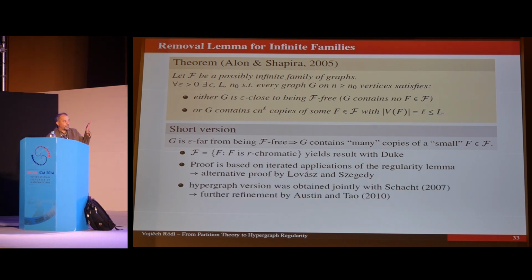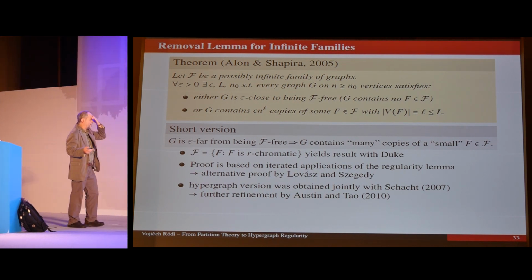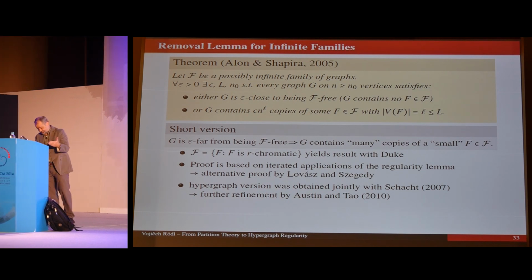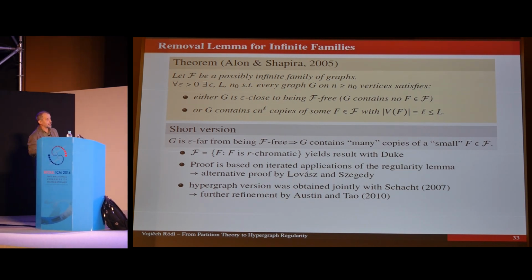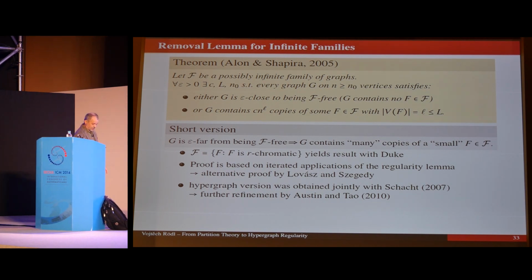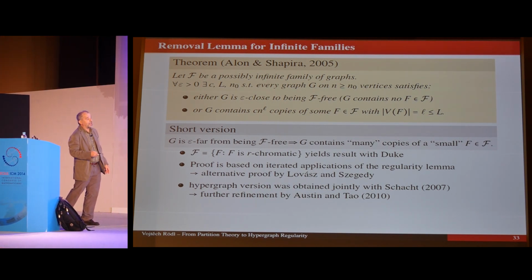And partly motivated by the proof by Lovász and Szegedy, we gave a proof with Mathias Schacht for hypergraphs, which is still something to do because the hypergraph regularity lemma is a more complicated object and it needed some work. And I should also say that further refinements were obtained by Austin and Tao.